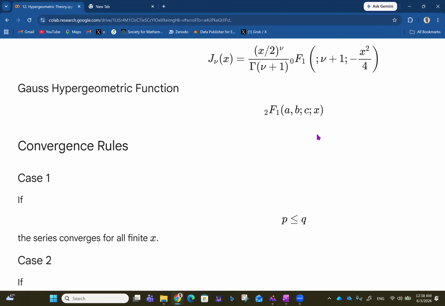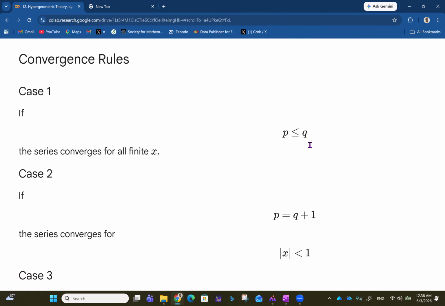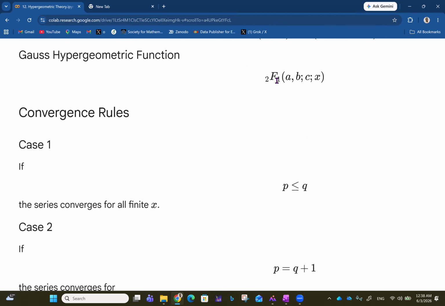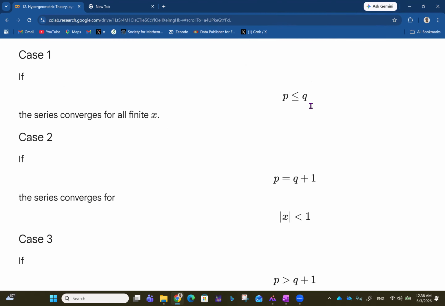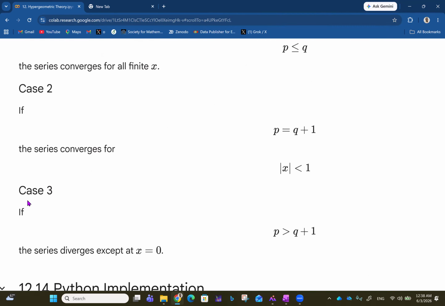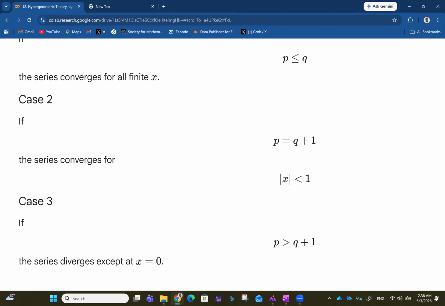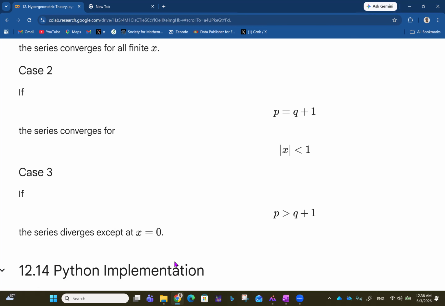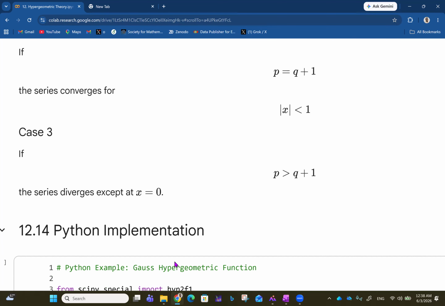That works for the Gauss hypergeometric function, for instance, because p is 2 and q is 1. For case 3, if p is greater than q plus 1, then the series diverges except at x equals 0. So these are the 3 convergence rules.